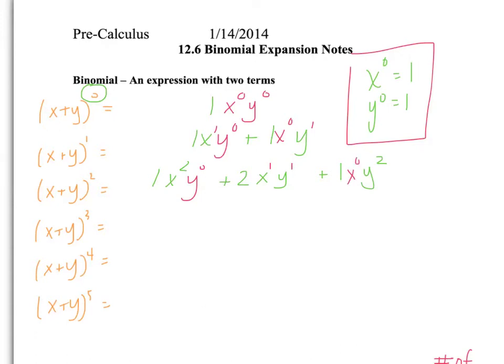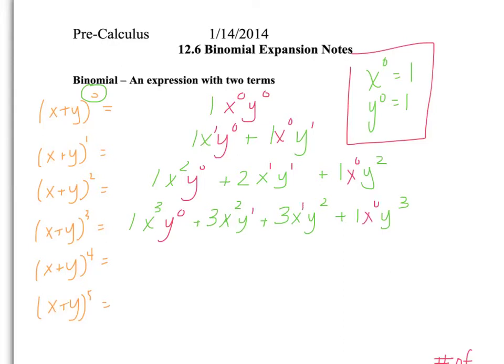If I expand out x plus y cubed, I'm going to get 1x cubed plus 3x squared y plus 3xy squared plus 1y cubed. Adding in placeholders, this is y to the 0, y to the 1, x to the 1, x to the 0.